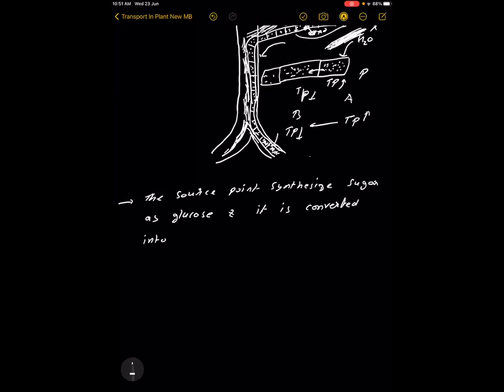Sucrose means that it cannot be used directly. It is not useful for the cell directly. So it is easy to transport that sugar in the form of sucrose. It cannot be used during its journey. So this is sucrose first.